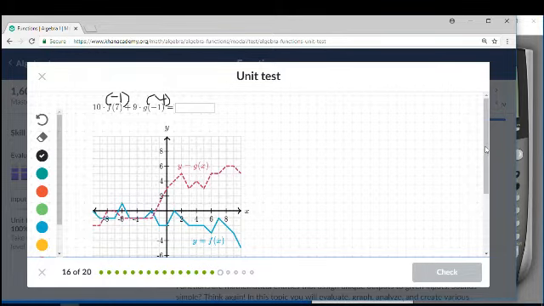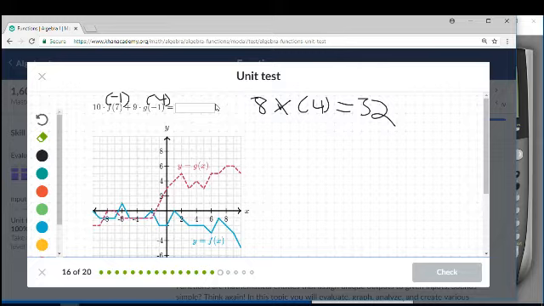So negative 1 plus 9 is 8. And 8 times 4 is equal to 32. Wait, never mind. Order of operations.